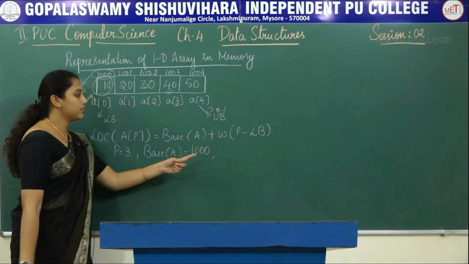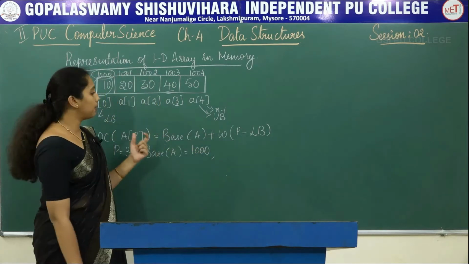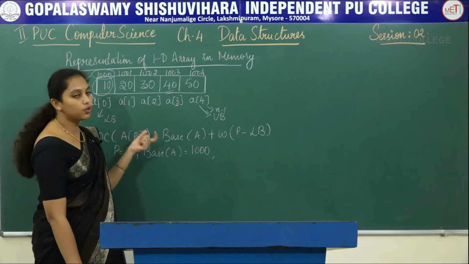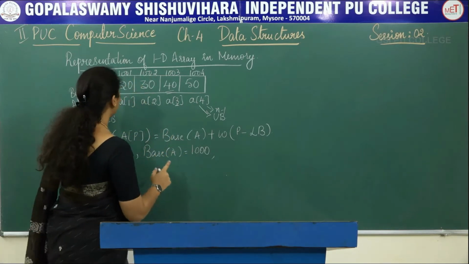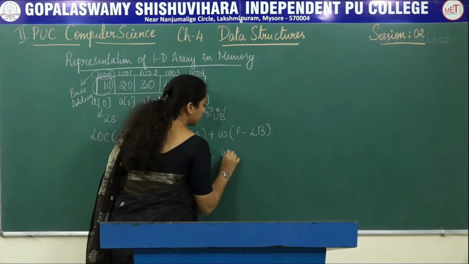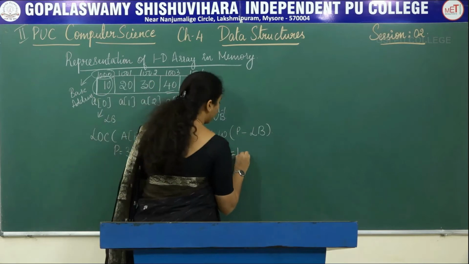Next, what is the value of W? W is the words per memory cell. How much are we going to store here? One element per memory cell. Hence the value of W is 1.